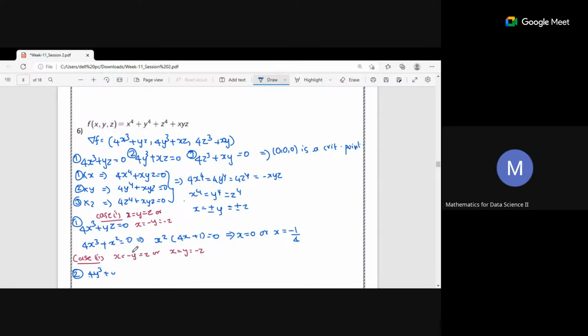Okay, so now x and z are replaced by minus y or y, right? So it should be either plus or minus y squared. Wait, here xz is here, instead of xz, both I have minus y into minus y, so plus y squared only, correct?